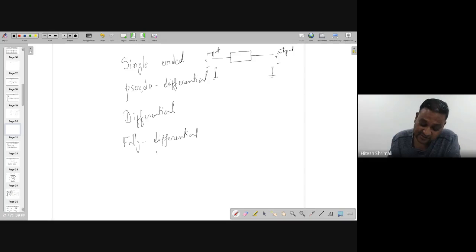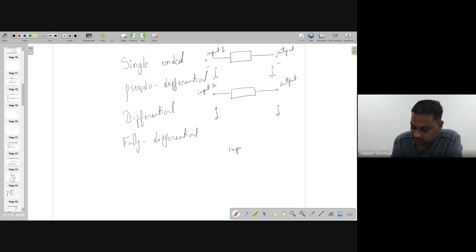If it is pseudo differential, it means there are two inputs, input number 1 and input number 2, both measured with respect to ground. And if you look at this, input 2 is equal to minus of input 1. Note that all these circuits are known as differential.